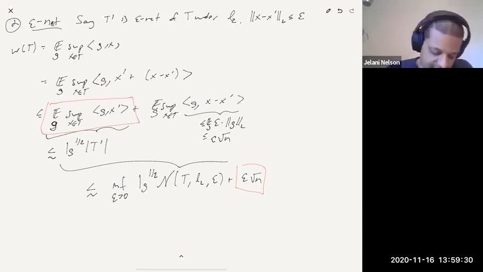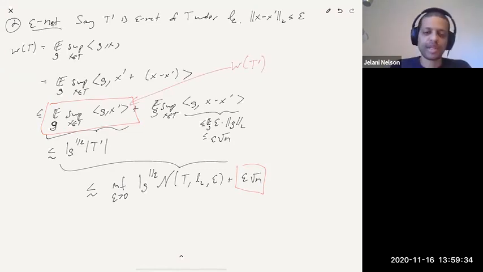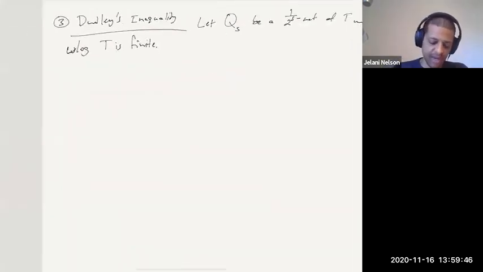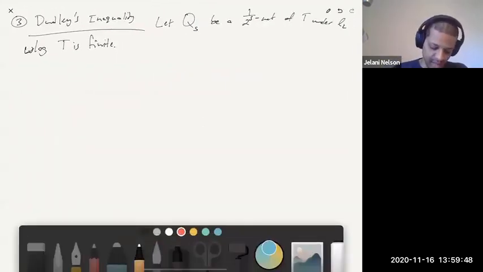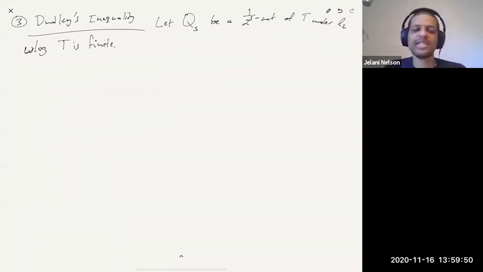This is the mean width of T prime. So whatever more sophisticated tools I have for bounding mean width, I could use those tools to bound the mean width of T prime. So that's what I mean when I say without loss of generality. Pretend that T actually is T prime. We already approximated it by a super, super fine net. And now we're just focused on a finite thing.